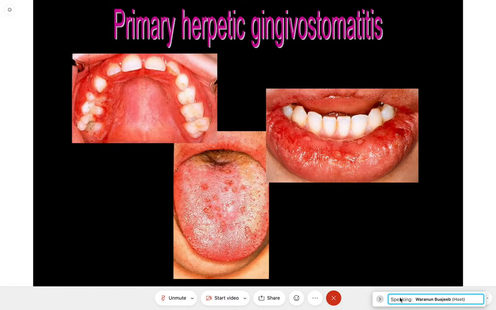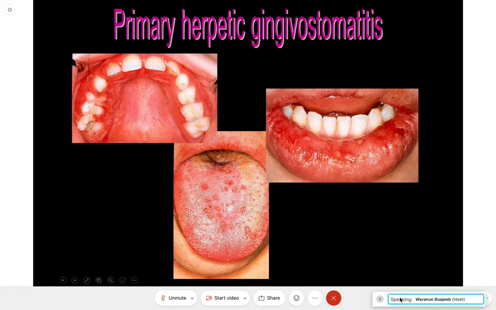You can see quite clearly here, small round ulcers develop on the dorsum of the tongue. So it means the keratinized mucosa can also be affected. Small round ulcers, some areas with erythema, and also here, red inflamed gingiva, with round ulceration.